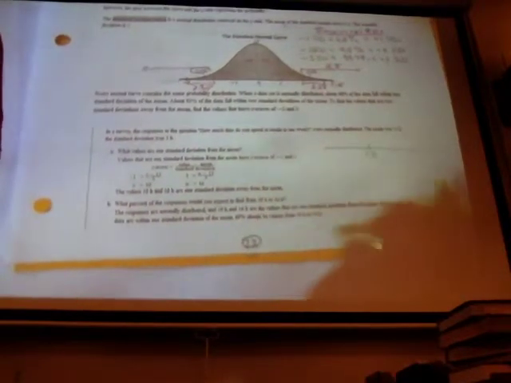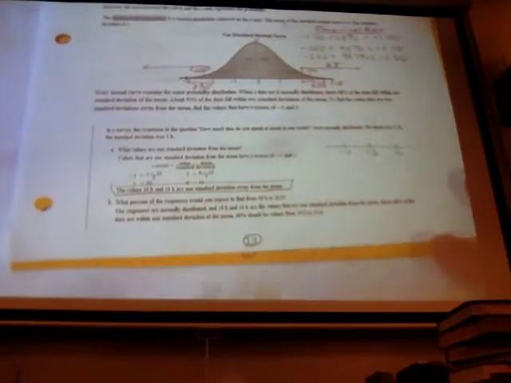So if the mean was 13 and the standard deviation was 3, what are the values one standard deviation from the mean? Think about it logically. You don't even need to know all that. It would be adding and subtracting what? 3. So you'd have 16 and you would have 10. Here it is, one standard deviation between.